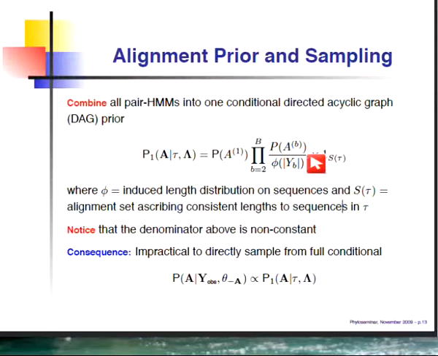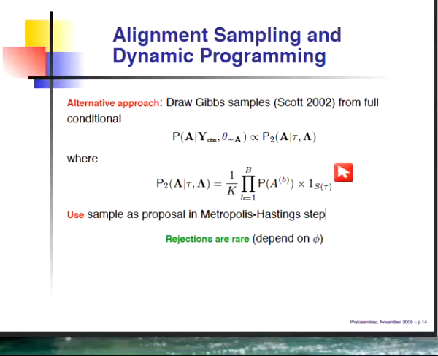However, and this is a good lesson for a lot of problems, forget the normalization for a moment and just draw a Gibbs sample from the distribution that actually says that they are product-wise independent, conditional on giving the right sequence lengths. This is quite amenable to the Gibbs sampling that we're doing, and then use that Gibbs sample as a realization for a Metropolis Hastings step.